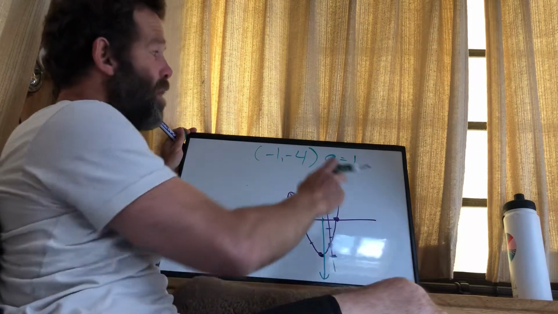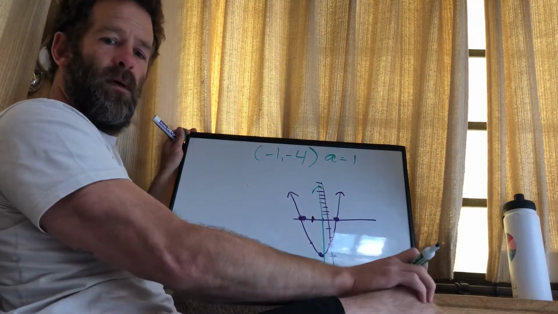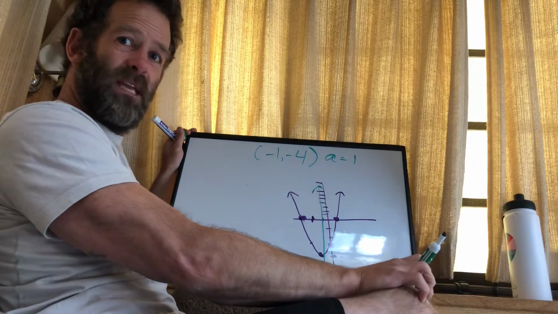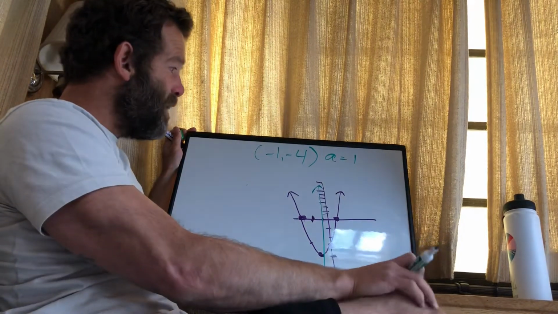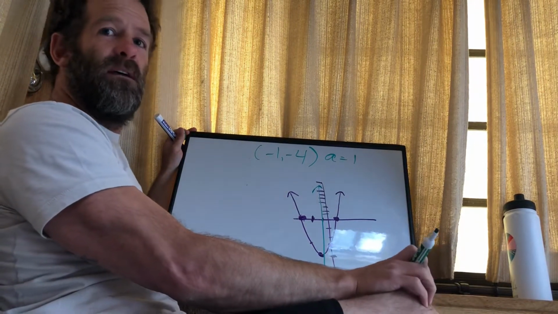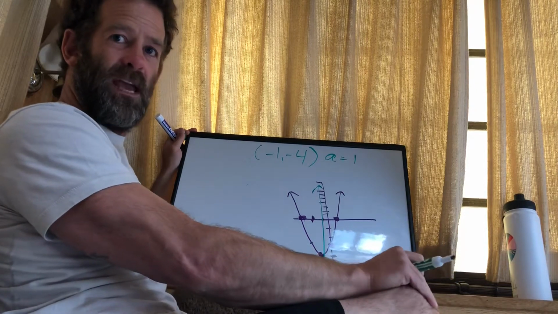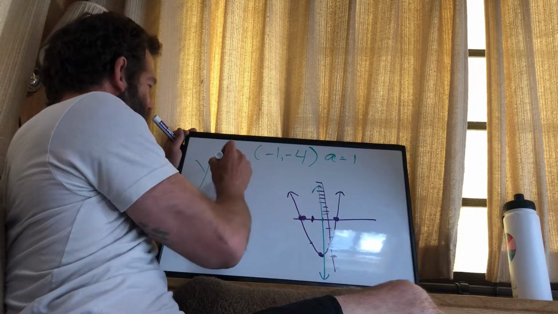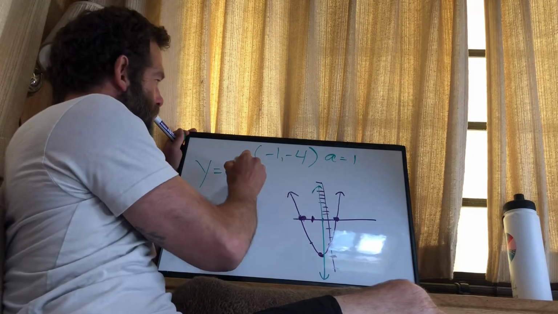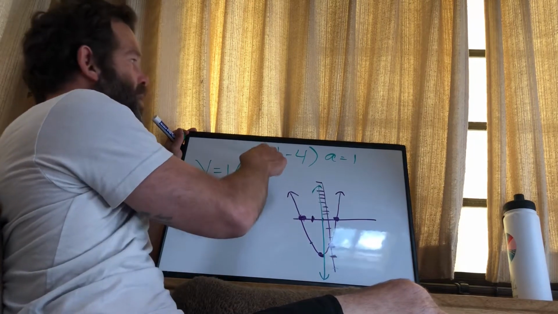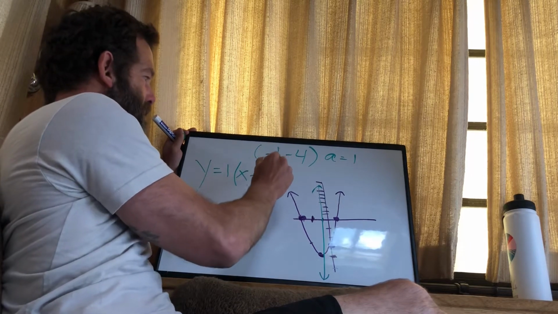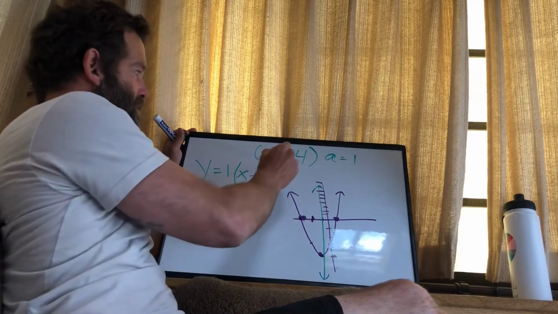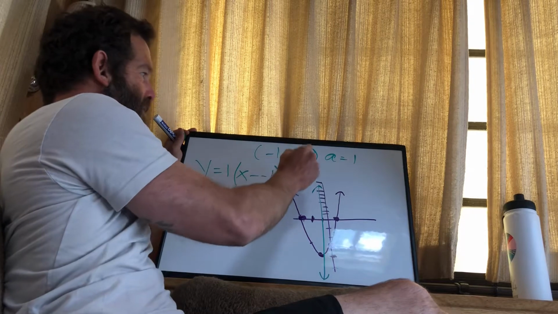If we didn't know our shape was up 1 over 1, because we weren't given any equations, we would plug a coordinate in for the x and the y to solve for your a. However, since we already know everything, it'd be y equals 1 times x minus whatever your x number is, squared, plus whatever your y number is.